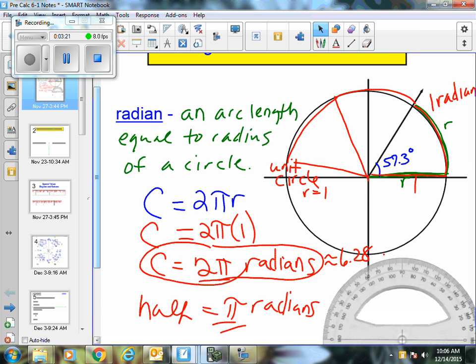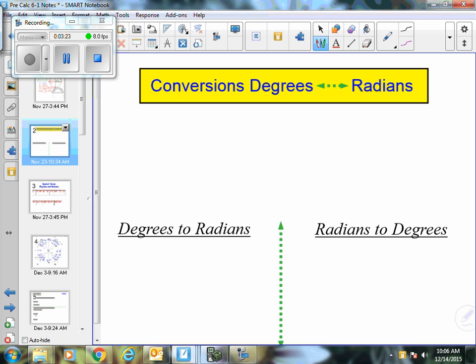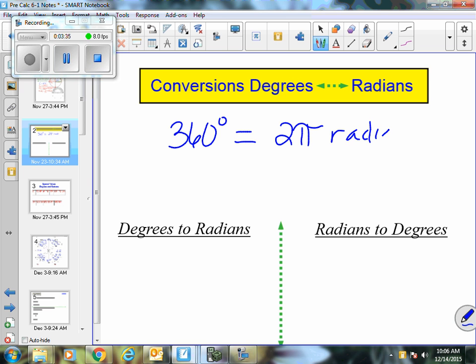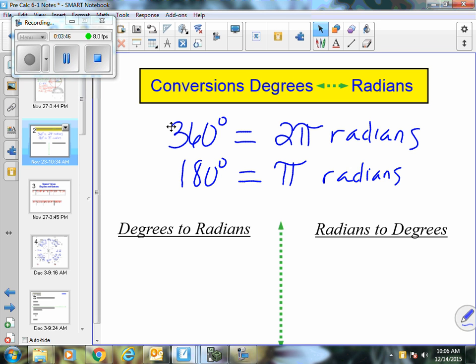All right, so we have 2 different measurement systems then that we can talk about. We know all the way around the circle in degrees is 360, and all the way around the circle in pi lingo, in radians, is 2 pi. Halfway around the circle is 180 degrees. Halfway around the circle then in radians would be pi, and that's where our conversion factor comes from. 180 degrees is equivalent to pi. So if you want to convert from one unit to the other, we just need our conversion factor.